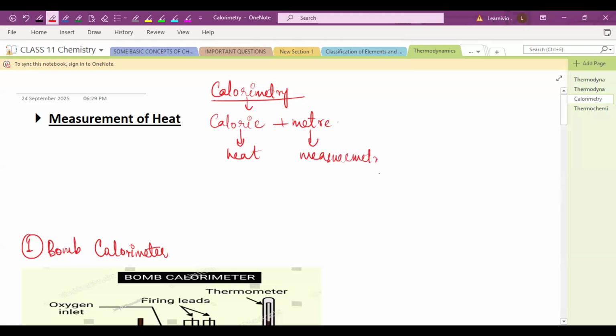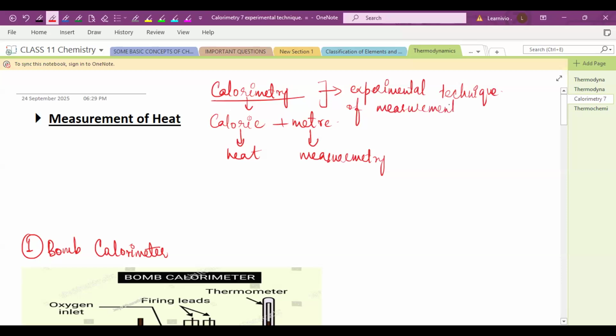So calorimetry is basically an experimental technique or process of measurement of energy change or heat change, because heat is again a form of energy.